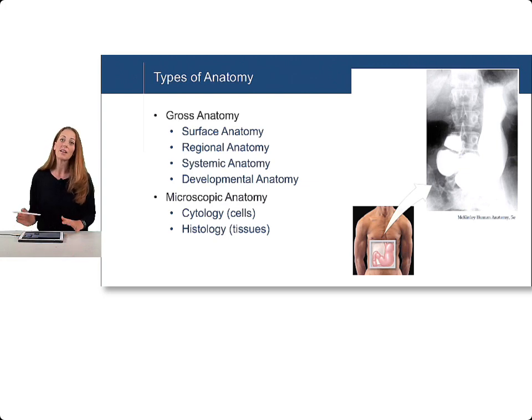And then finally, developmental anatomy can be really helpful for understanding some of the interesting disease conditions, interesting variations, and also a lot of the terminology related to the anatomy you will be learning. Microscopic anatomy we're not going to be dealing with very much in this course, but it can be helpful in some cases for looking at cellular anatomy, that's cytology, and tissue anatomy, that's histology.